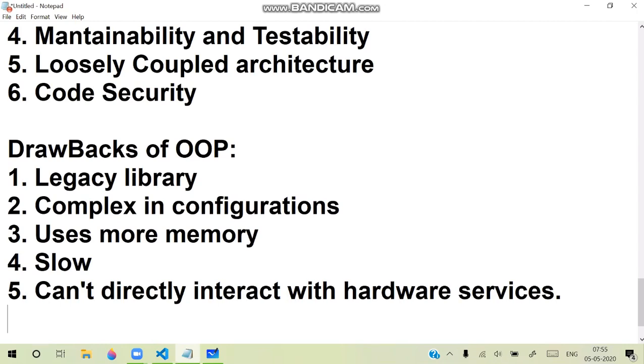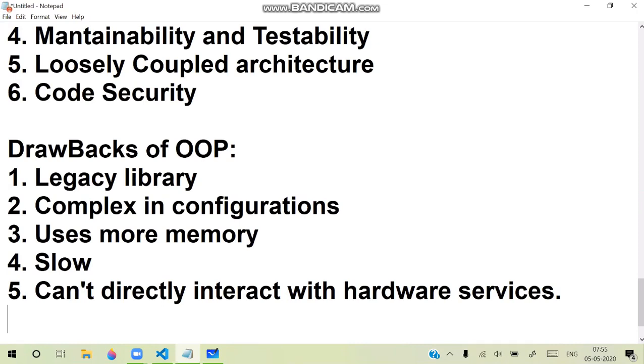That is what a legacy library is. Due to that, the application becomes slow and uses more memory. It cannot directly interact with hardware services. These are all the drawbacks of OOPs. So OOP is not completely great for every situation. It depends on our requirements.